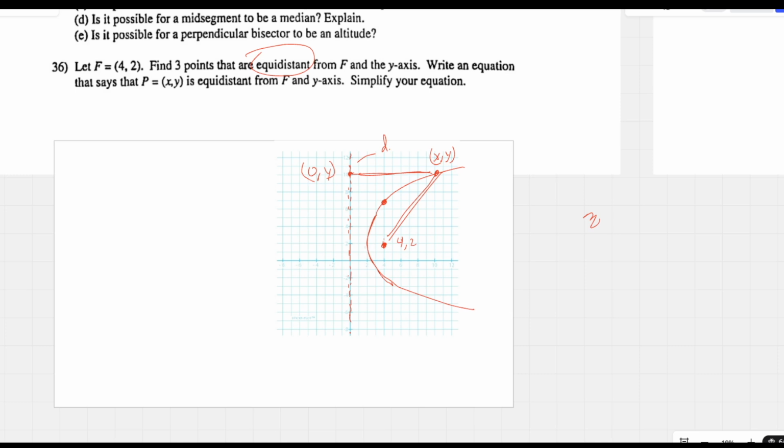But if you have this topic, you'll know that the vertex is going to be halfway between the directrix and the focus, so it's going to be 2, 2. Vertex is 2, 2. And in this case, P is 2.